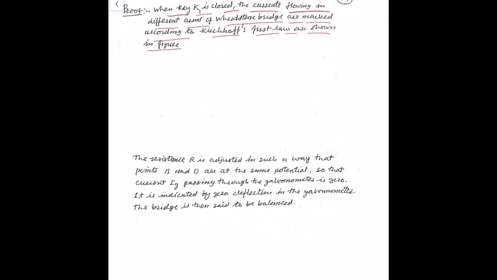Applying Kirchhoff's loop law to closed loop ABDA of the circuit, we get minus I2P minus Ig into G plus I1 into R is equal to 0.